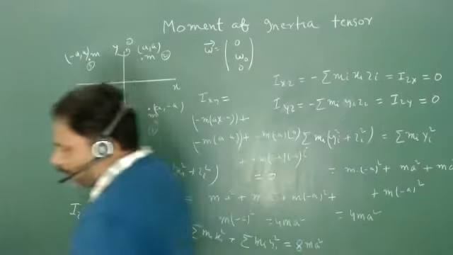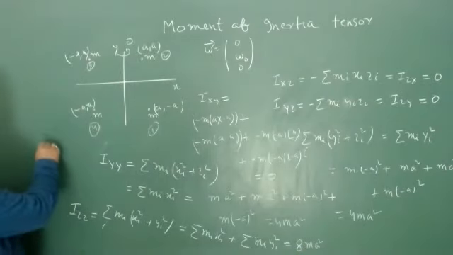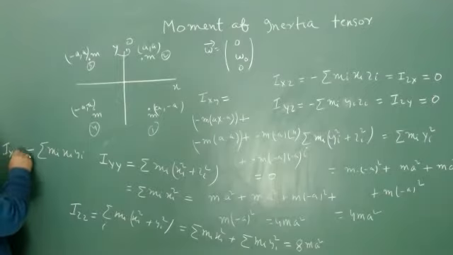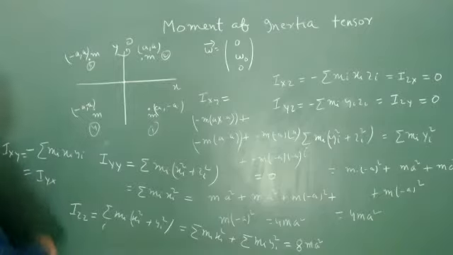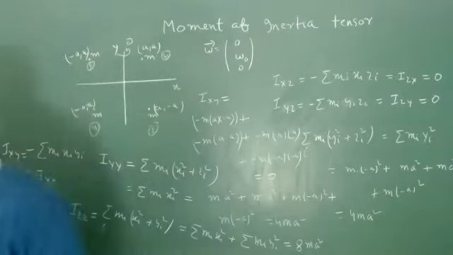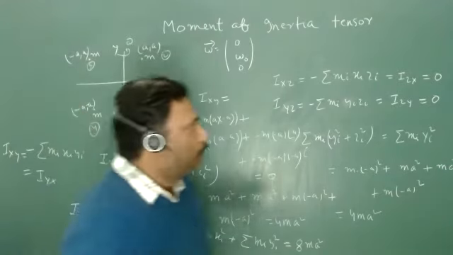We are just using this formula basically. We are using summation over mi xi yi with minus sign. This will be Ixy, and this will be the same thing, Iyx. Now we have calculated all these things, and let's go for our moment of inertia tensor.